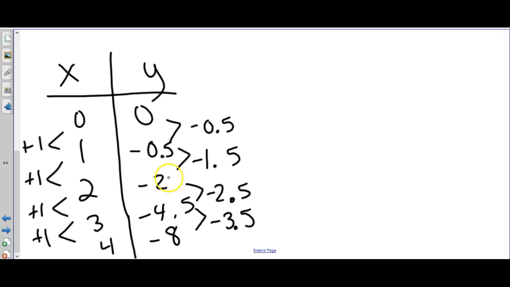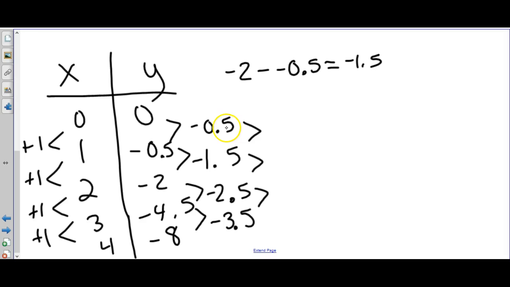If you have trouble doing that in your head, you can also go backwards. So if I want to figure out how much am I changing by to get from negative 0.5 to negative 2, I'm just going to minus them. Negative 2 minus negative 0.5 is negative 1.5. So that's a second way you can find these values.